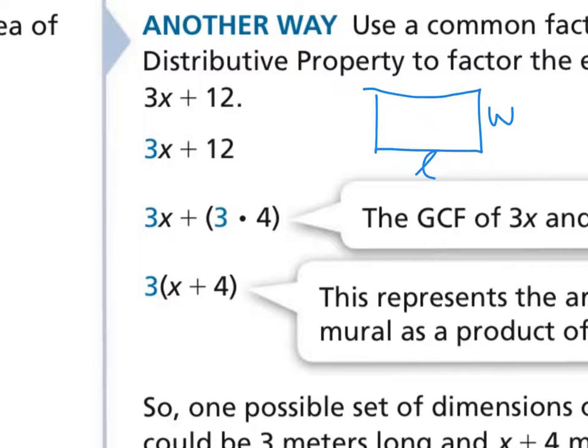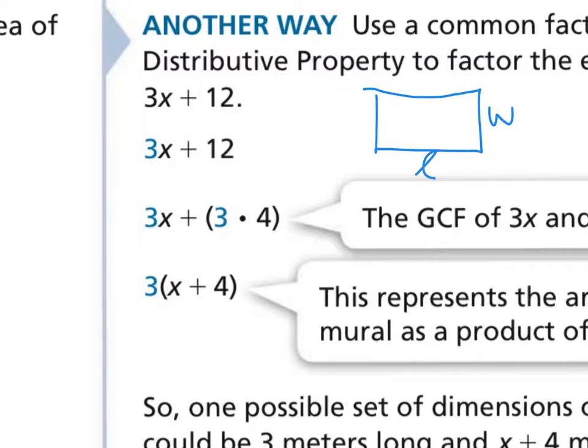So right now I'm looking at 3x plus 12. Well, there's 3 times an x, but then it's plus a 12. I don't have something times something for that area. So that's what I want to figure out. What times what is going to give me 3x plus 12?